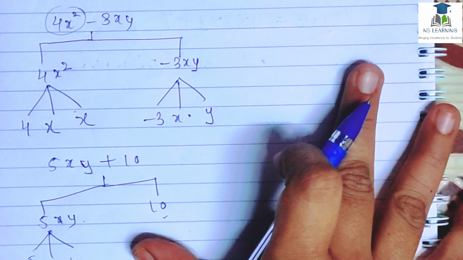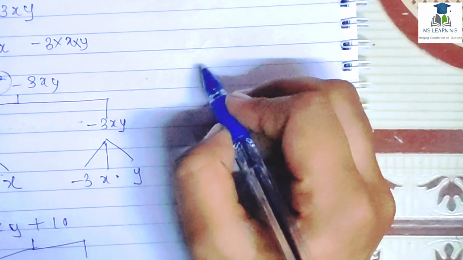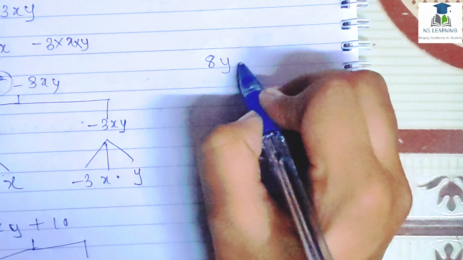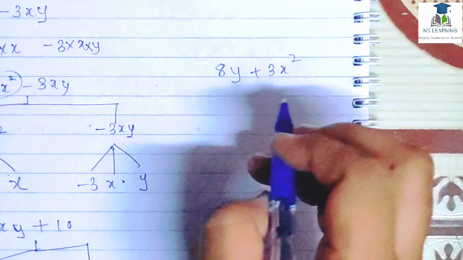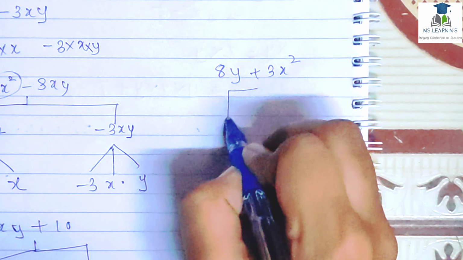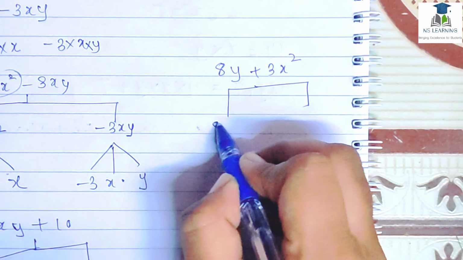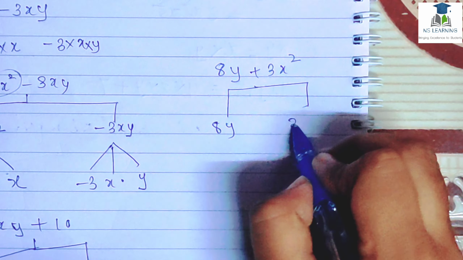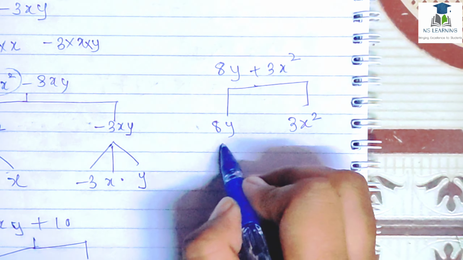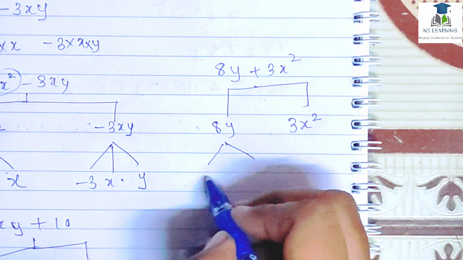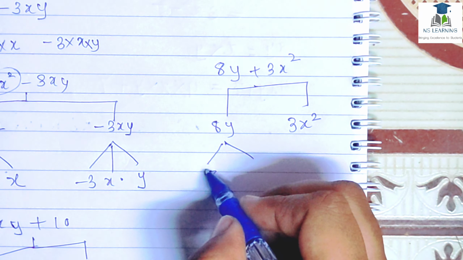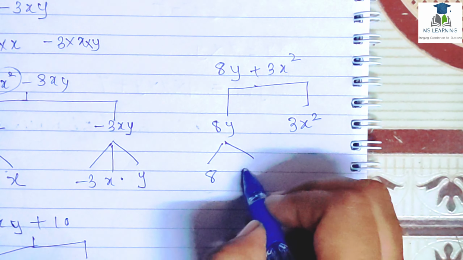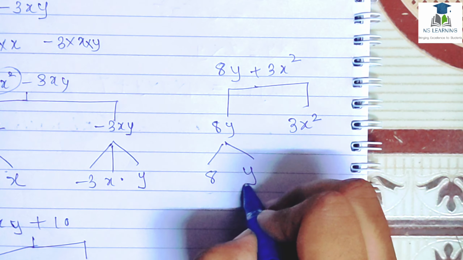We will take more examples. 8y plus 3x square. The first term is 8y and the second term is 3x square. As you can see, the first term has two factors: one numerical factor, the numerical coefficient, and the other one is the variable.